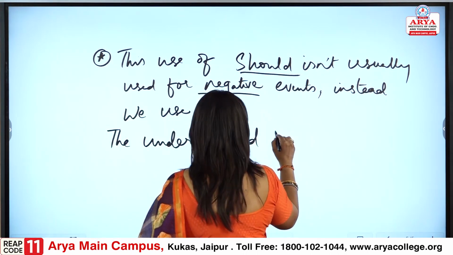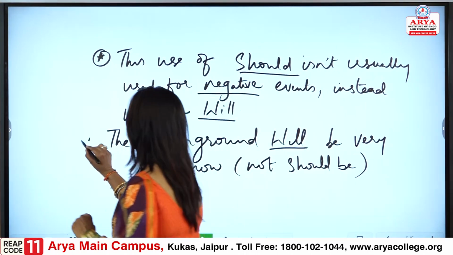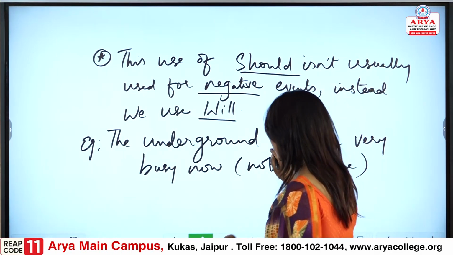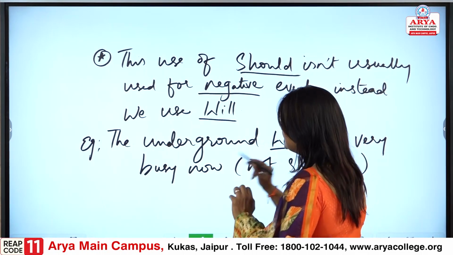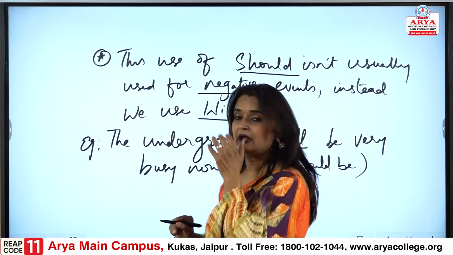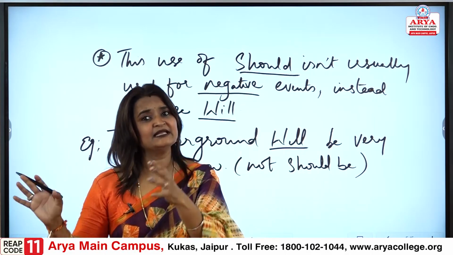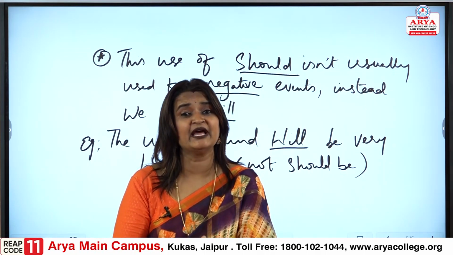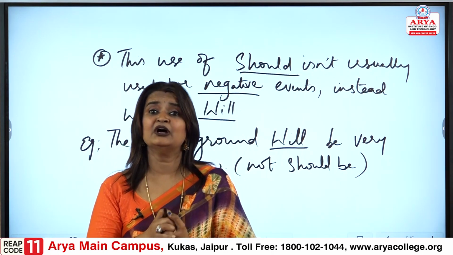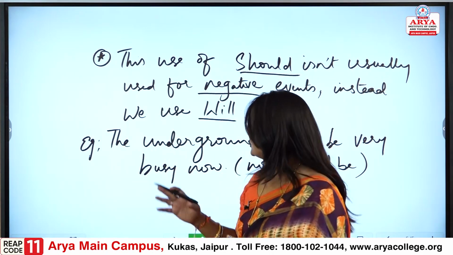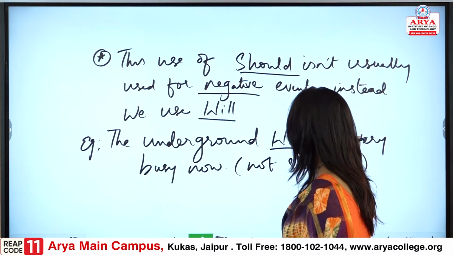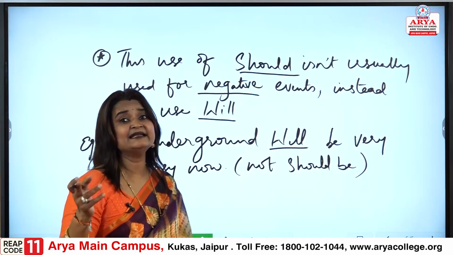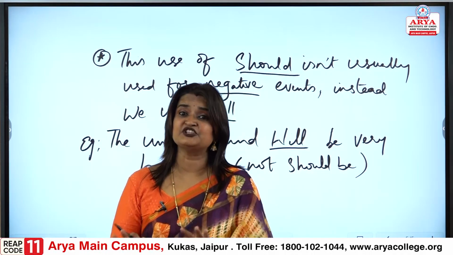Now let me give you some examples and the reason when we are saying will. In this example, the underground will be very busy now. We might have some work in the underground, but it is very busy now, so we might not be able to get our work done. We will not say the underground should be, because should goes with assumption.